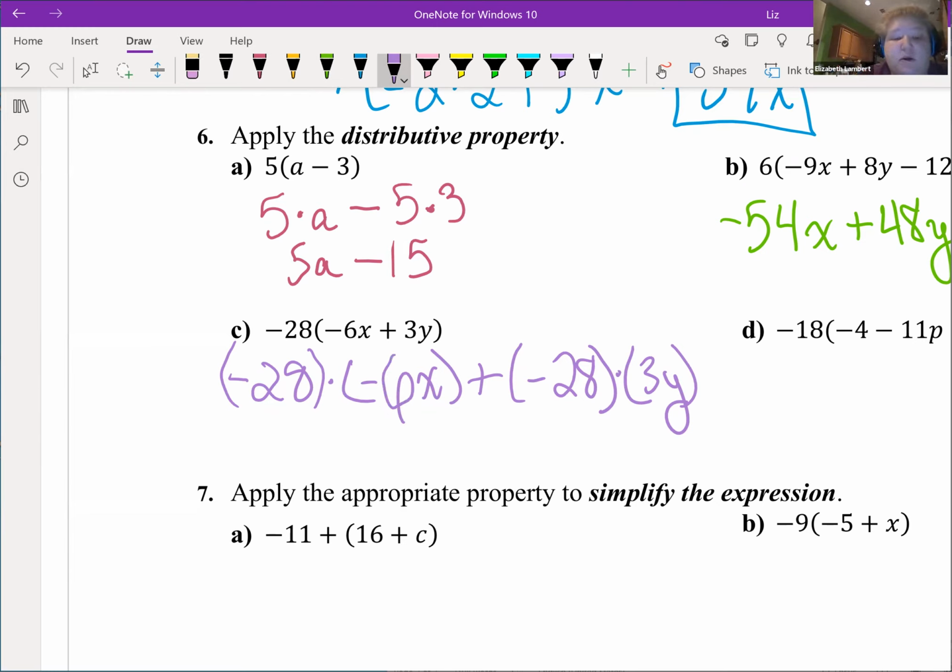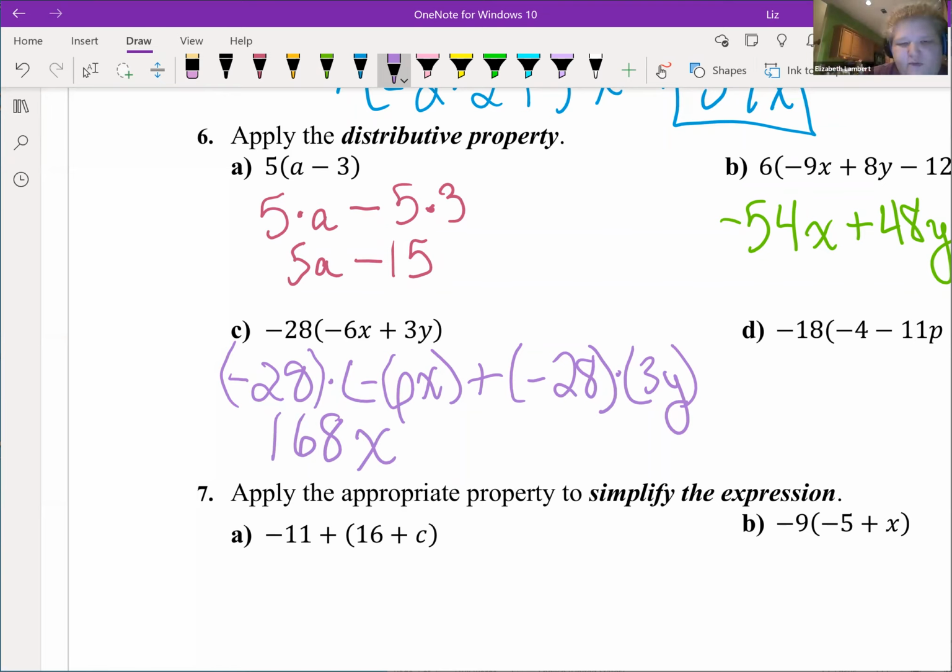All right, so I can reassociate and then just multiply the number parts. So negative 28 times negative 6, negative times negative becomes positive. So 6 times 20 is 120, 6 times 8 is 48, so that's 168, still with the x.